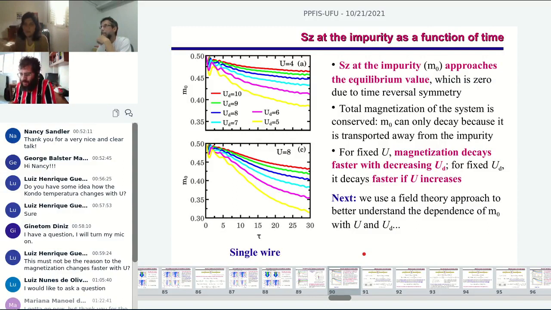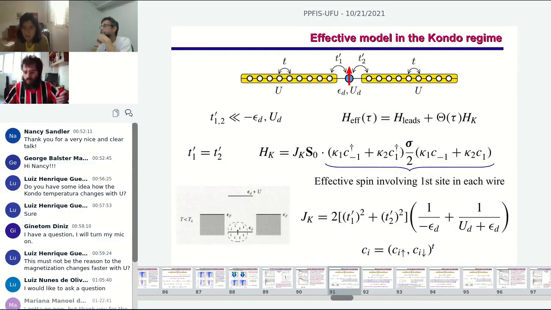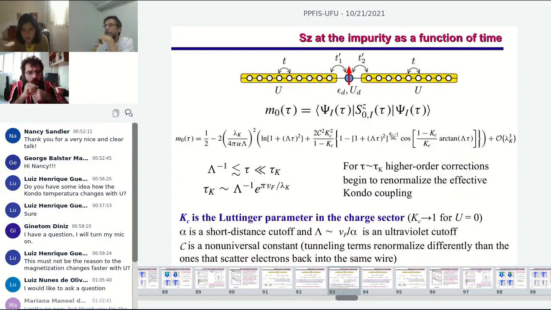Of course, there are some analytical expectations for that, and I think it is related to that equation that I showed. This equation was written coming from the expectation of the dependence of the Kondo temperature for this case.